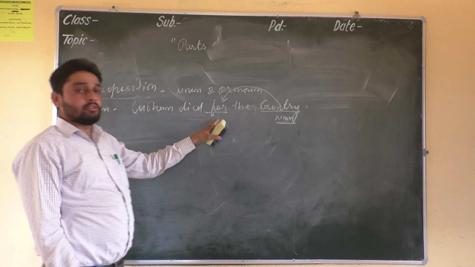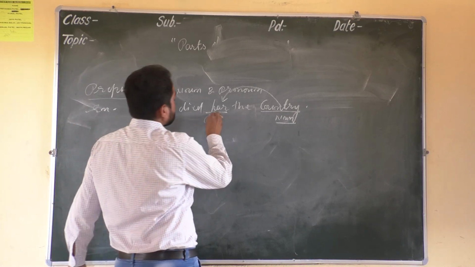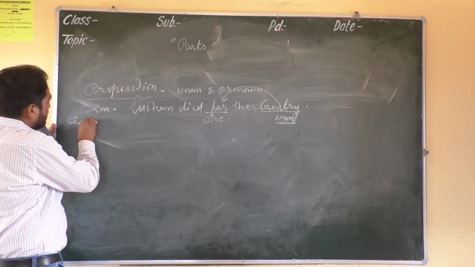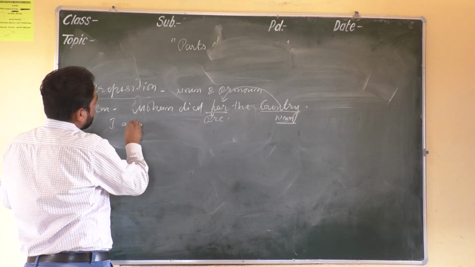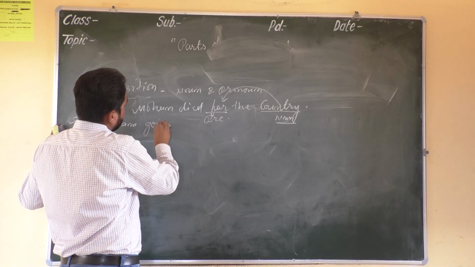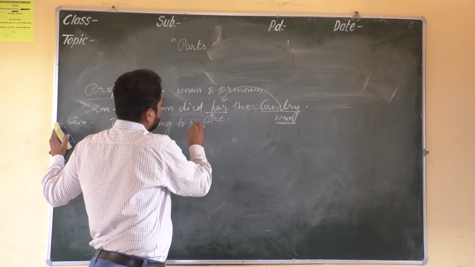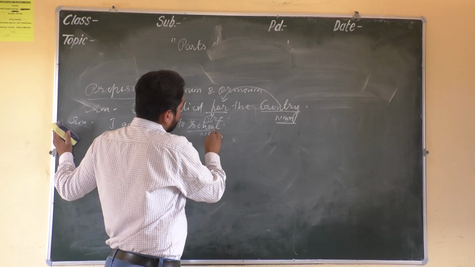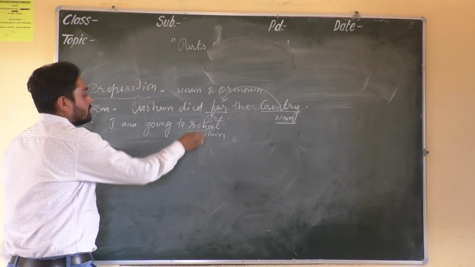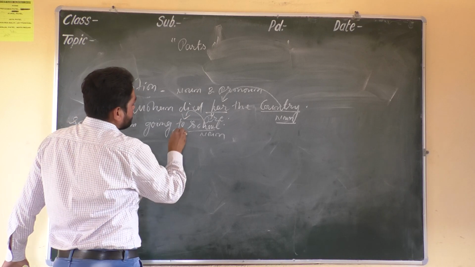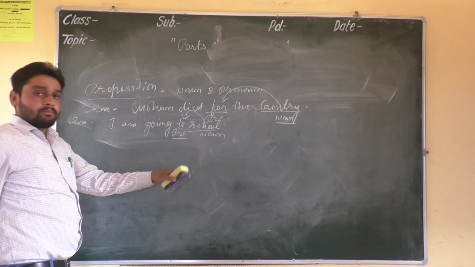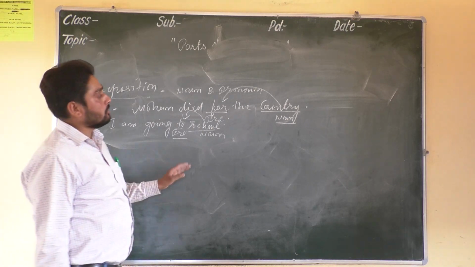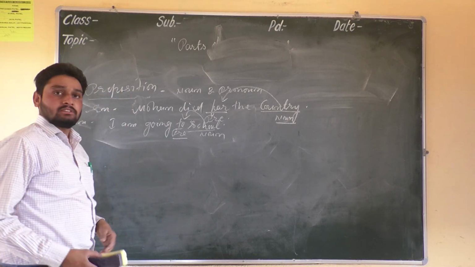That means for is our preposition. Look at another example: I am going to school. School is also a noun, and before the noun here is another preposition. So we can easily understand that those words which are placed before a noun or pronoun are prepositions.